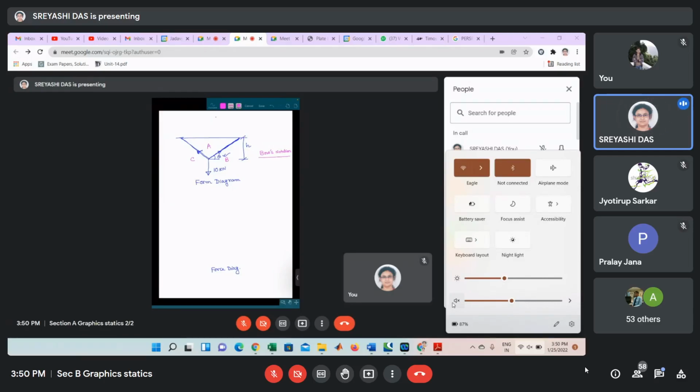That means, suppose if we draw this form diagram with this point P, this point Q, this point R, suppose. Then space AB, we are just mentioning this AB in a clockwise manner. So it will indicate the force in member RQ.